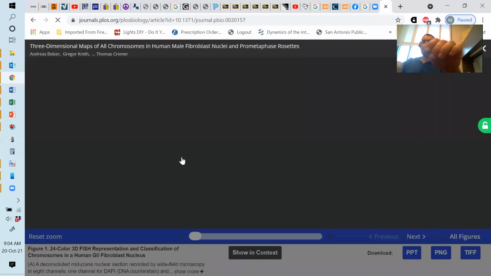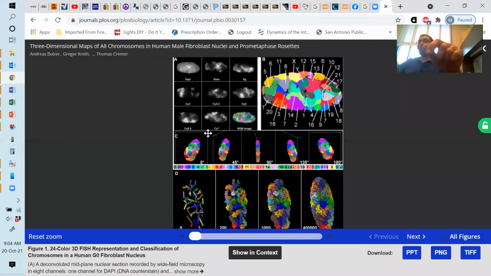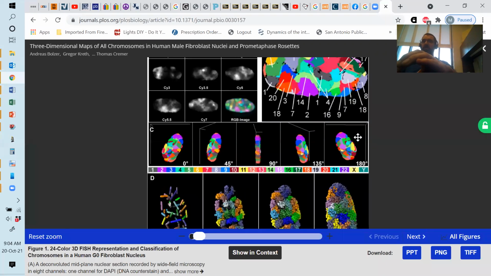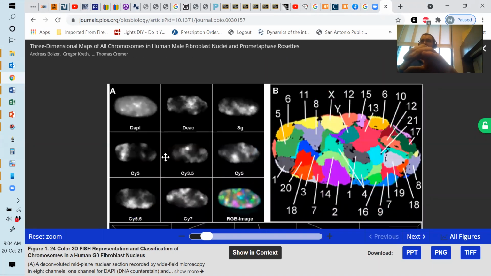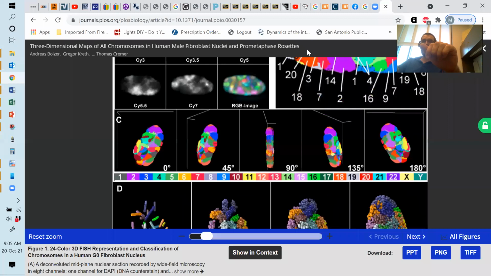Oh yeah, this image. There's a whole bunch of stuff in there that I don't understand, to be honest. So these are all the different images. DAPI stains DNA, and there you go. These are all the different channels. CY is like a cyan, so these are different wavelengths of cyan, that kind of off green color.